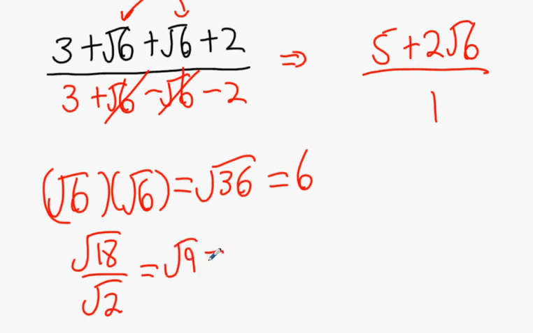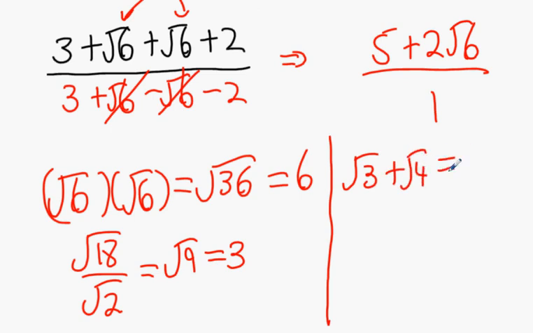So root 9 works, and the answer would be 3. What doesn't work, however, is this. Root 3 plus root 4 does not equal root 7. So subtraction doesn't work, addition doesn't work. Only works for multiplication and division.